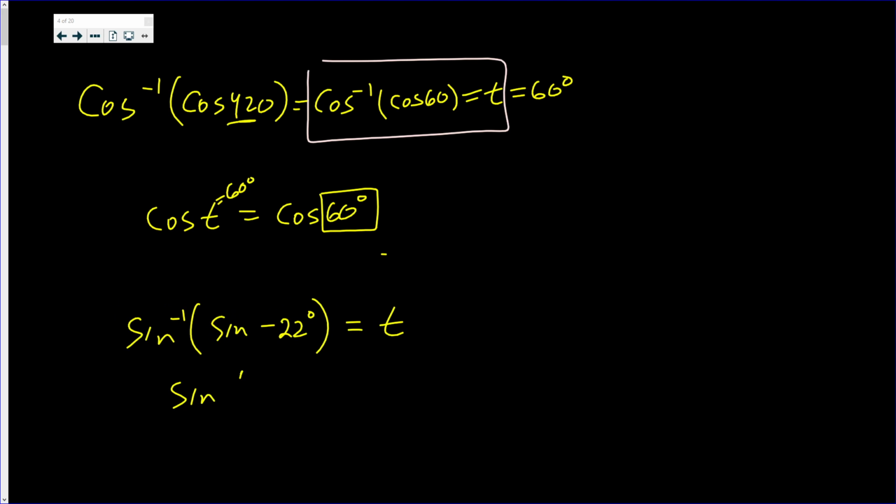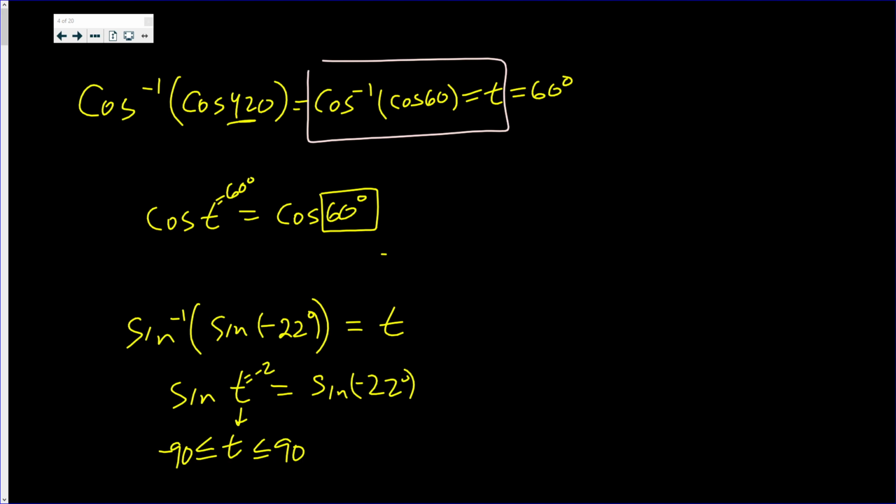And I want the sine of some angle that equals the sine of negative 22 degrees, and t must be in between negative 90 and positive 90.